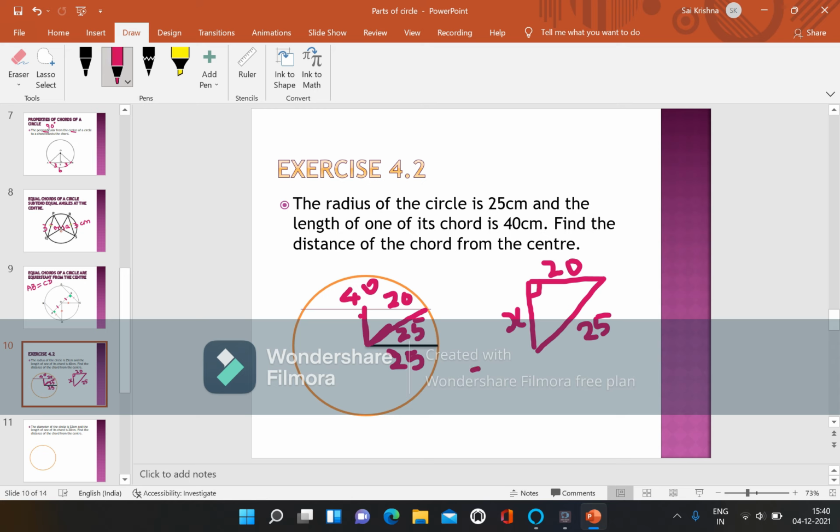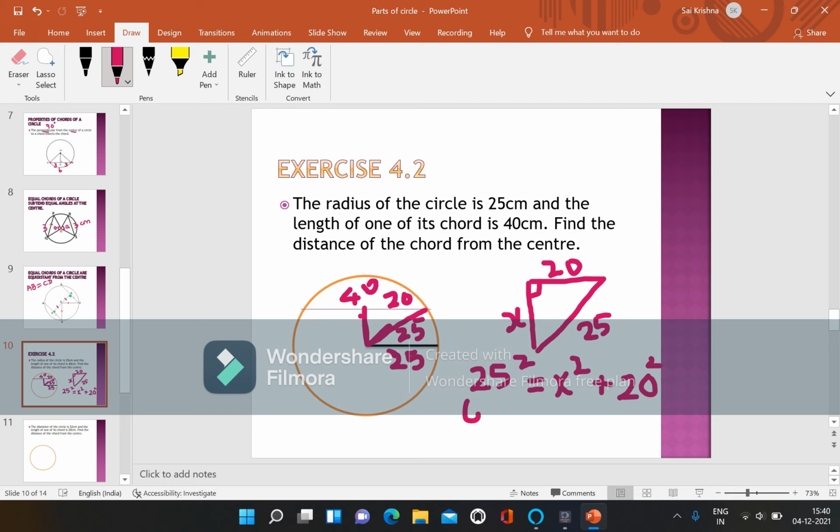That means 25 square is equal to x square plus 20 square. So this is the Pythagoras theorem. In a right triangle, the square on the hypotenuse will be equal to the sum of the squares of the other two sides. Okay, so now we'll solve this.